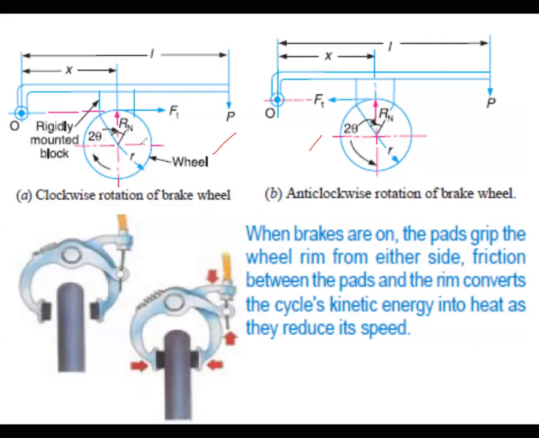Here this is the clockwise rotation, already shown in the previous one, and this is the anti-clockwise direction. Whatever the direction may be, the frictional torque will act against it. In the clockwise direction, this is the Ft. In the anti-clockwise direction, the frictional torque is opposite of this.